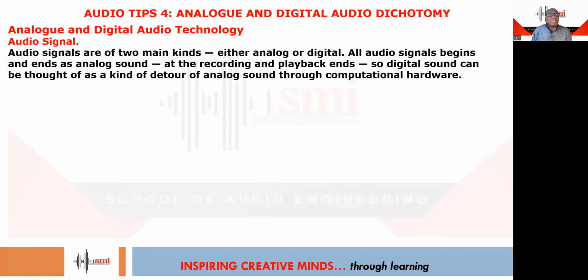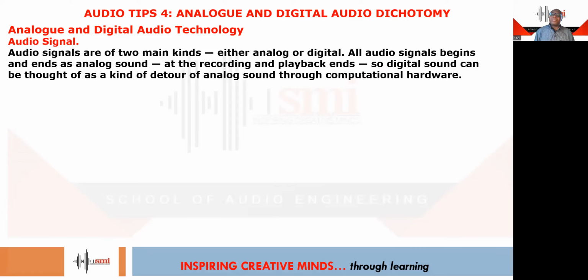So digital sound can be thought of as a kind of detour of analog sound through computational hardware. If you remember, in the fundamentals of audio, I mentioned that we deal with 3 kinds of sound signals: sound waves, electrical signal, which is audio, and also digital signal, which is digital audio.